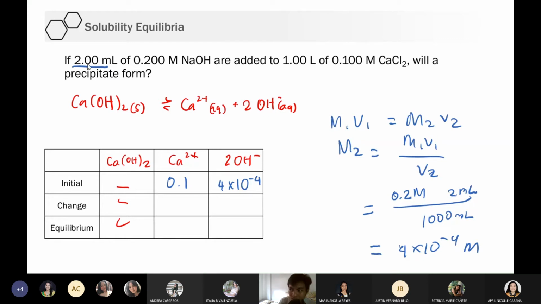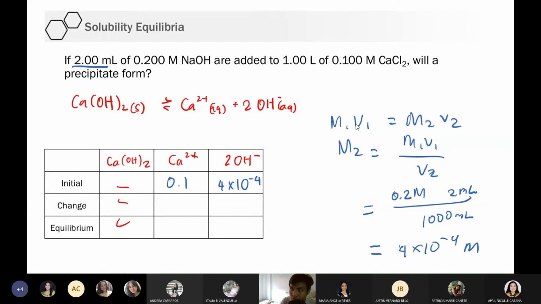So pwede i-disregard mo na lang yan sa final volume. However, for hydroxide, dun yung significant change, no? Dito nangyayari yung significant change sa concentration. Bakit? Kasi we started with 2 ml of this and then naging final volume natin ay ito, 1,000 ml. So significant yung change niya.